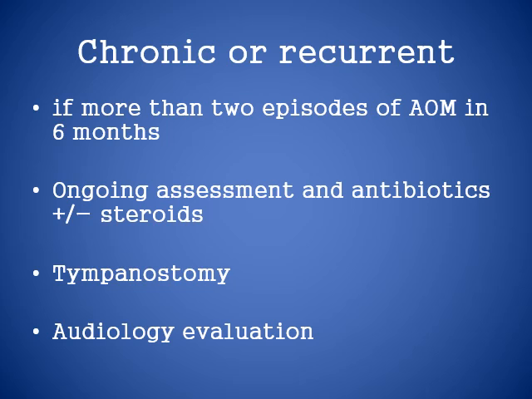We consider ear infections chronic if they develop more than 2 in a 6-month period. Ongoing assessment and antibiotics would be needed, a referral to an ENT, ear, nose, and throat specialist, and an audiology evaluation to test hearing is usually done at this point. We also do a procedure to help alleviate ear infections.